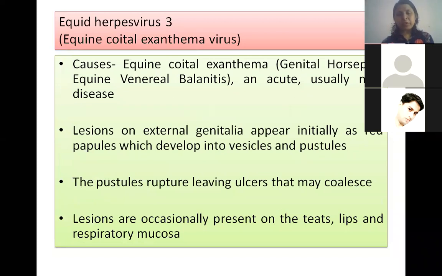It is an acute disease, and generally the lesions are seen on the external genitalia of both female and male, which initially appear as papules and develop into vesicles and pustules. These pustules rupture and cause ulcers, which generally coalesce to form larger lesions, and occasionally lesions are also present on the teeth, lips, and respiratory mucosa.